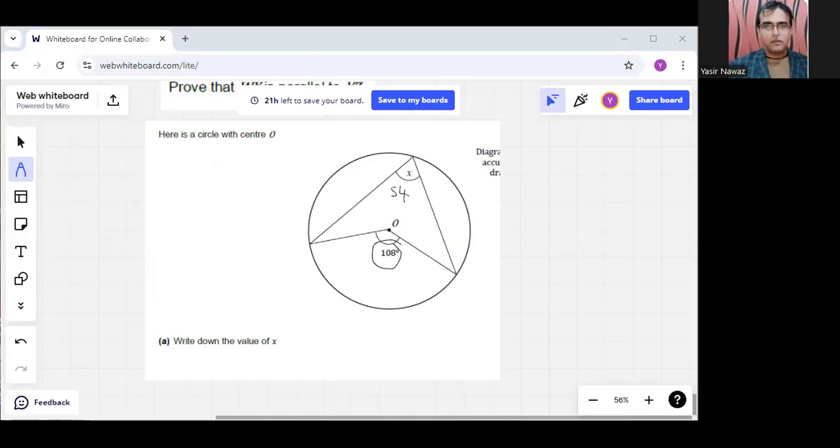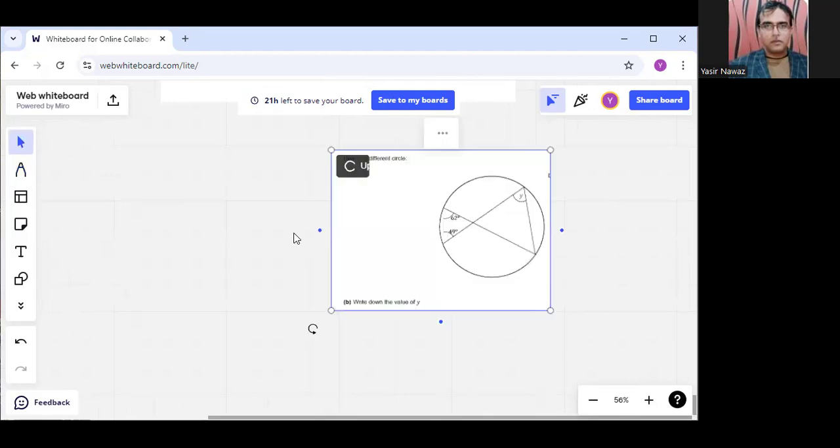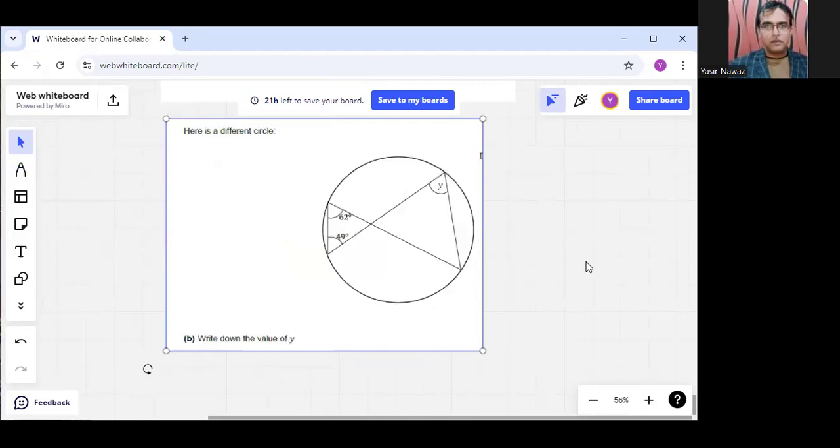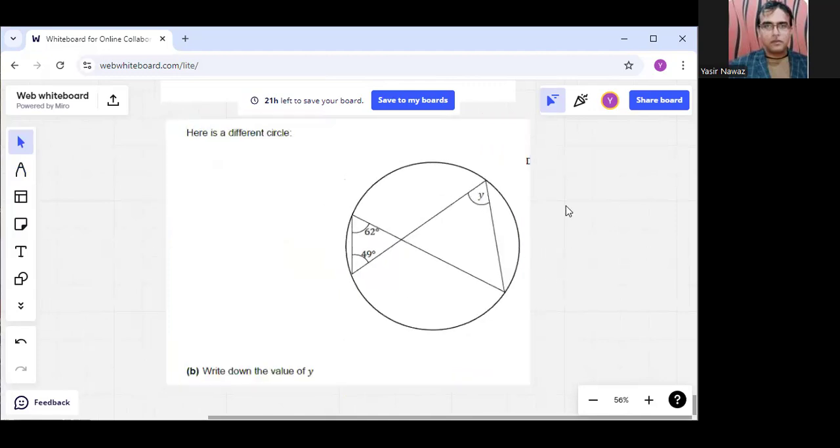And then the next part says, look at that theorem again.